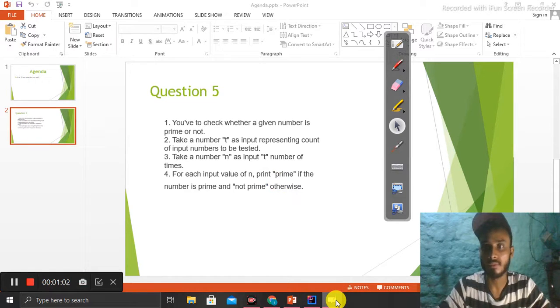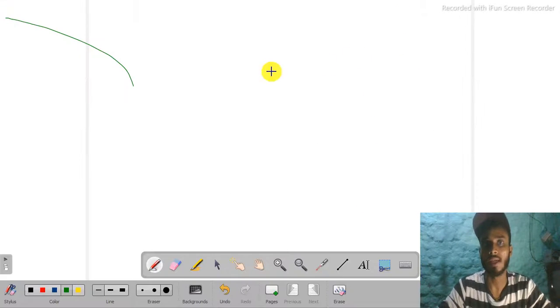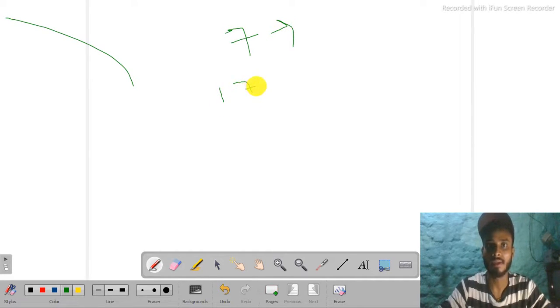Before we solve this problem, let's talk a little bit about the concept of prime number. A prime number is a number which is divisible only by itself and 1. Suppose I take 7. 7 is divisible by only two numbers, 1 and itself, 7.